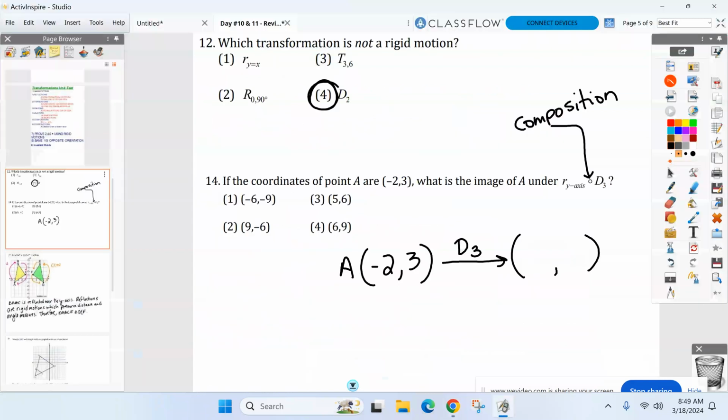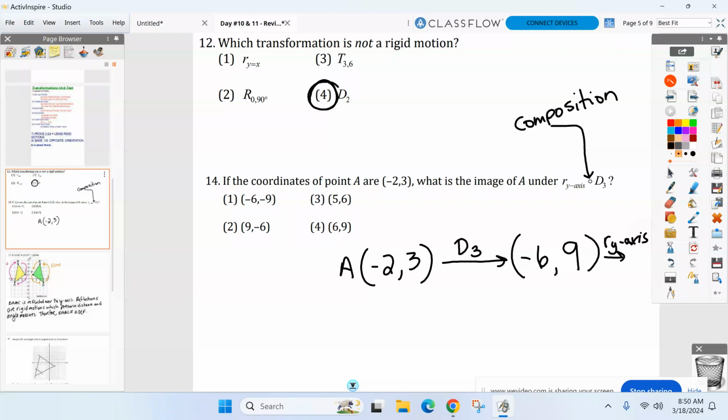Micaiah on fire back there. -6, and 9. If you're wondering where she came up with those coordinates so quickly, she used the shortcut: multiply by the scale factor. Now I take (-6, 9) and reflect over the y-axis.